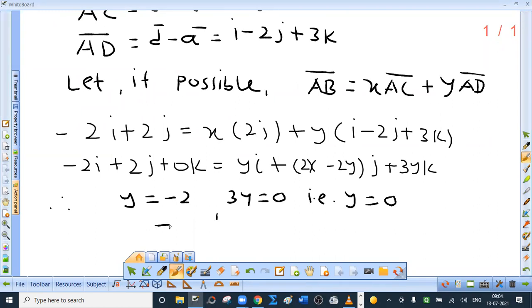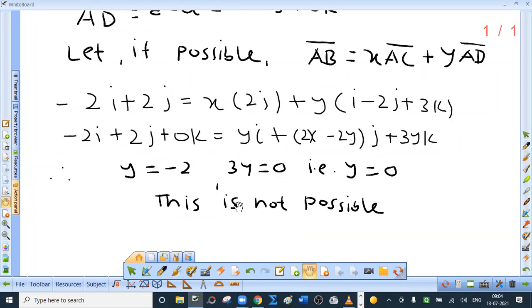This is not possible. How can there be two different values of y? This is not possible. So can we draw the conclusion? It means it is not possible to express one as a linear combination of the other, and therefore the vectors are not coplanar, so the points are non-coplanar.